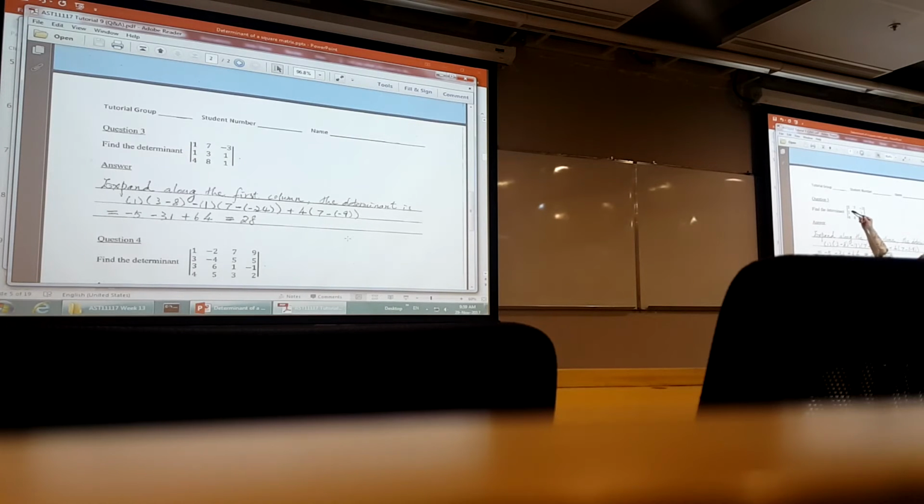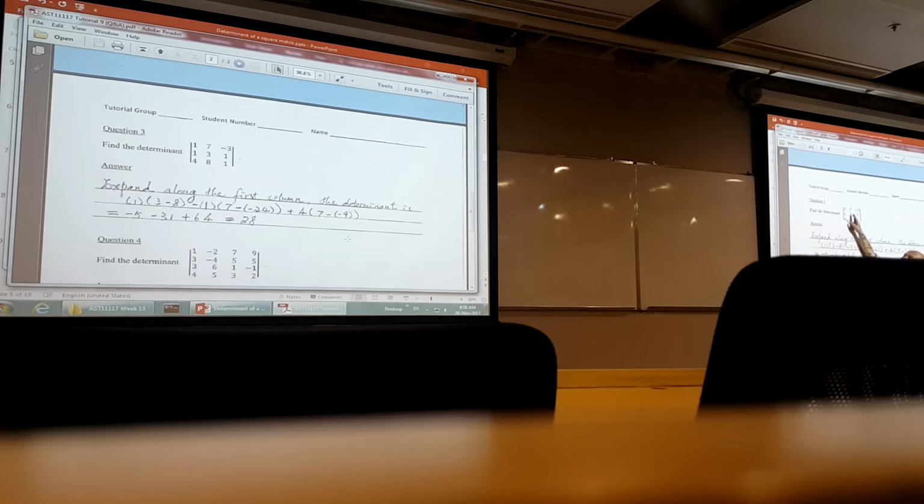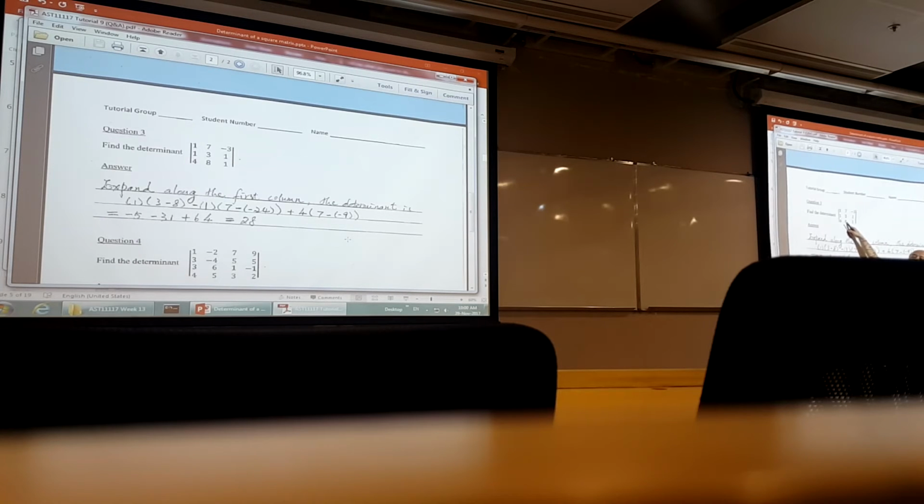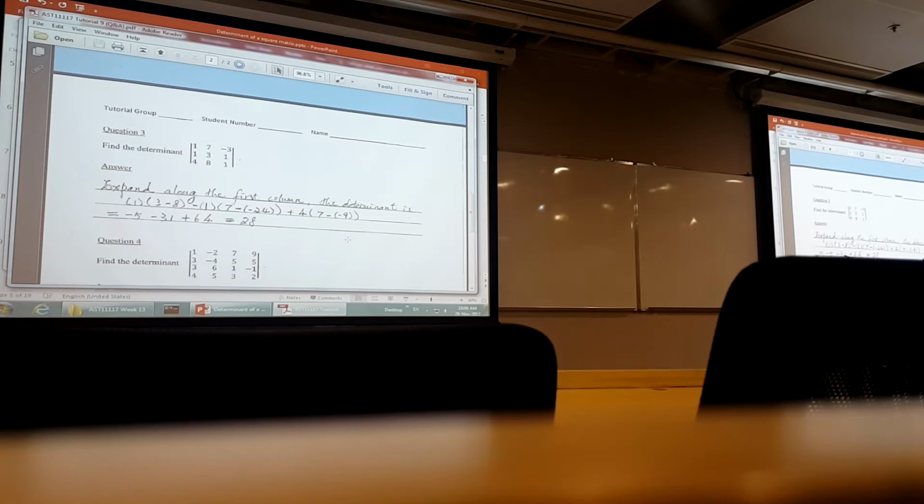I use the first column to calculate its determinant, which is 1 times 3 minus 8, which is minus 5, and then 1 times 7 minus 24, which is minus 17... 7 minus 24, which is 31, but positive, negative, so minus 31.